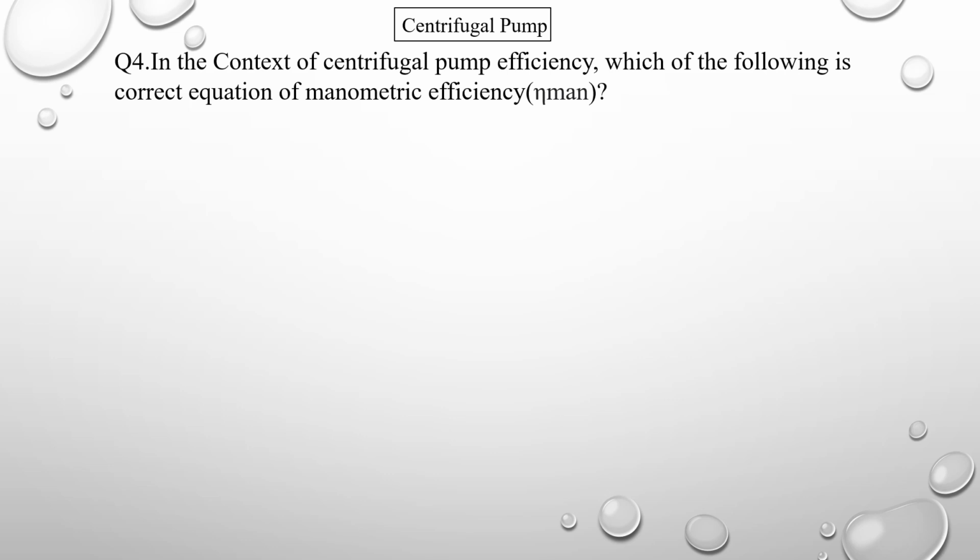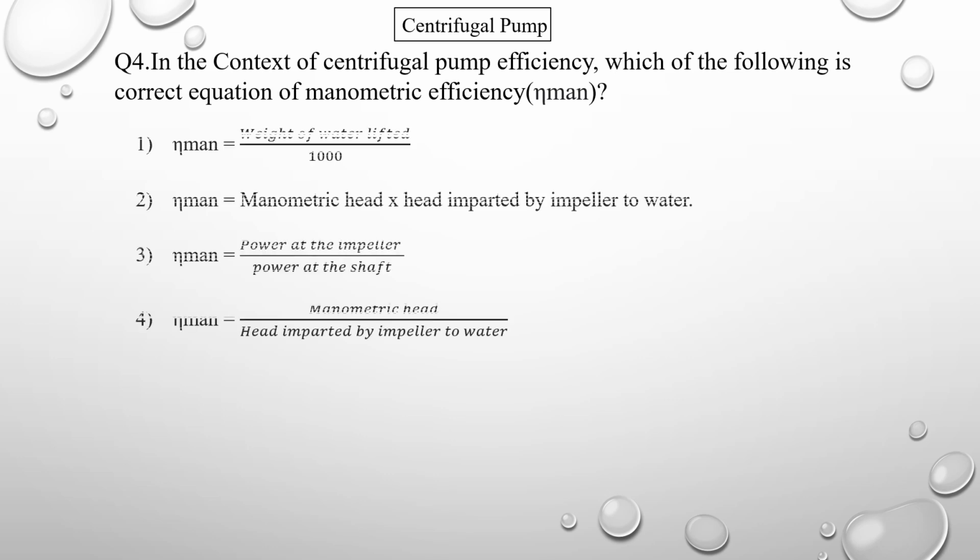The next, fourth question is from the centrifugal pump. The question is, in the context of centrifugal pump efficiency, which of the following is the correct equation of manometric efficiency? Here they just asked the formula of manometric efficiency.